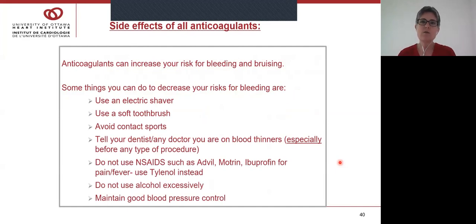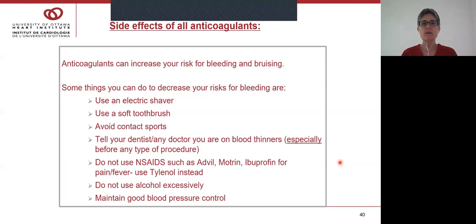So once you have atrial fibrillation and one other risk factor for stroke, then we say that the risk of having a bleed from taking anticoagulants is less than the risk of having a stroke with your atrial fibrillation. So that's how we balance things out.